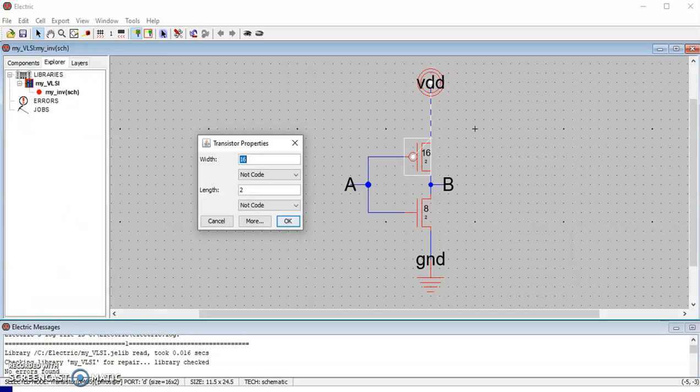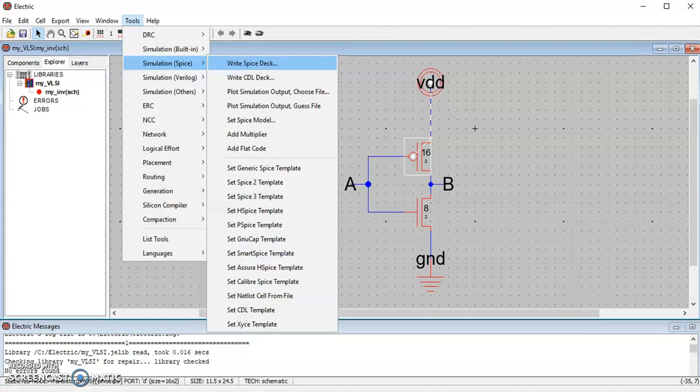Now there are two methods of changing the size of the inverter. The first method is in Electric itself: you can click any specific transistor, right click, and change the width or length of the transistor. After that, go into Tools, Simulation and Write SPICE Deck.